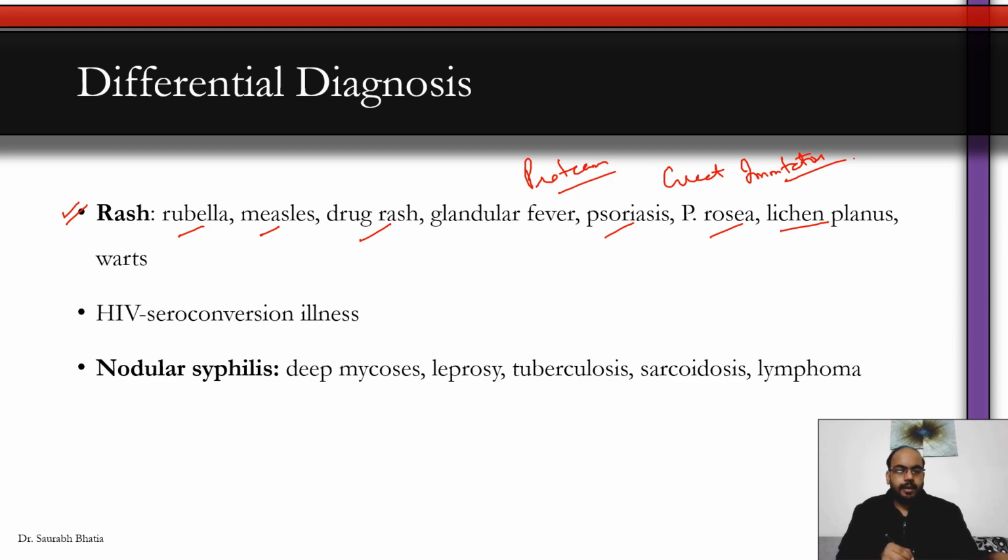Even the prodrome can mimic the HIV seroconversion illness. The lesions of nodular syphilis can mimic deep mycosis, leprosy, tuberculosis, sarcoidosis, lymphoma. So these are the differential diagnoses of secondary syphilitic rash.